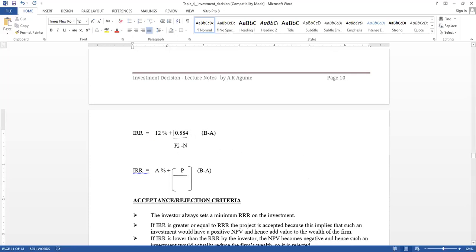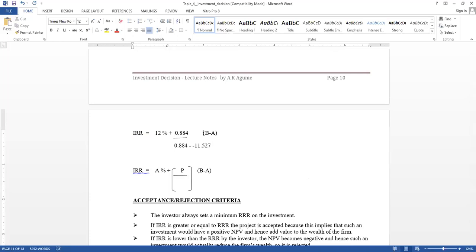Then P still is that positive NPV, which is 0.884, then minus a negative NPV, which is 11.527.